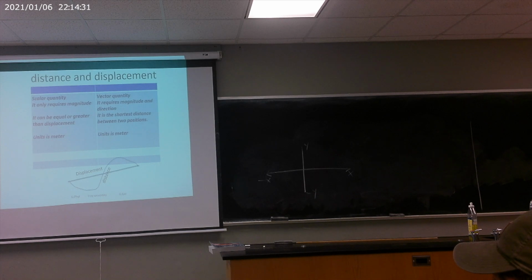Displacement is a vector quantity. Distance only requires the magnitude. Displacement requires the magnitude and the direction. Distance can be equal to or greater than displacement. Displacement is always the shortest distance between 2 points. Both have the units of meter.